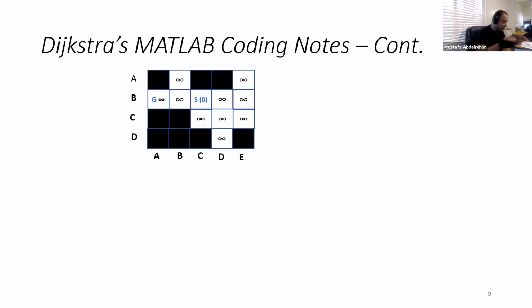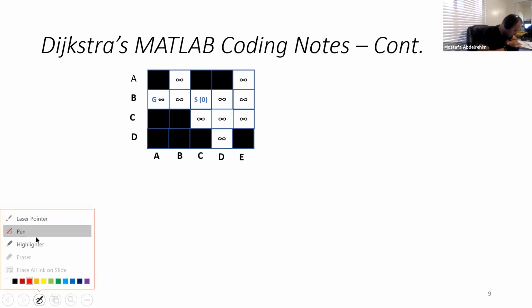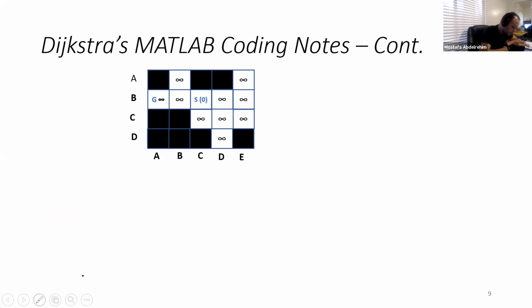And before beginning this animation, let's have some writing here. So here is the starting node, here is the goal node, and as you see, all the costs are infinity except the start node.